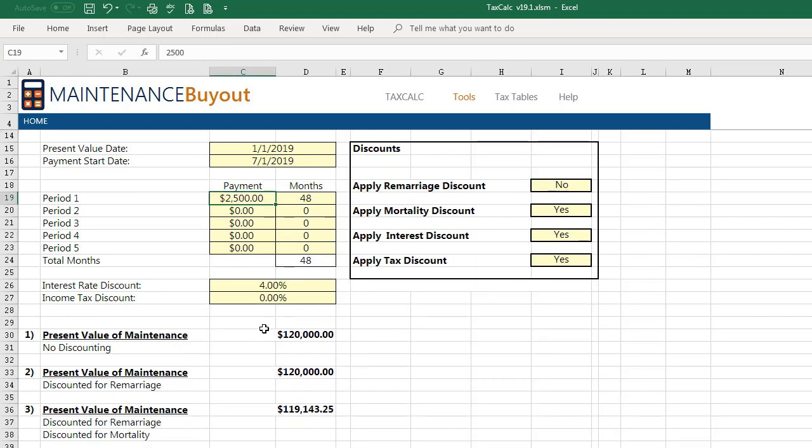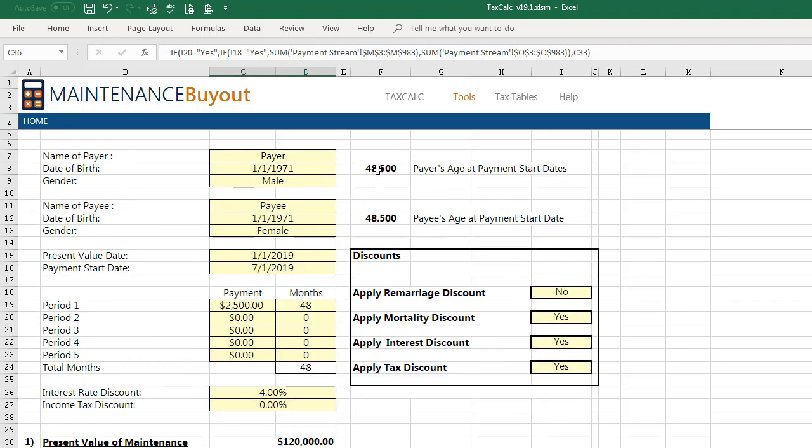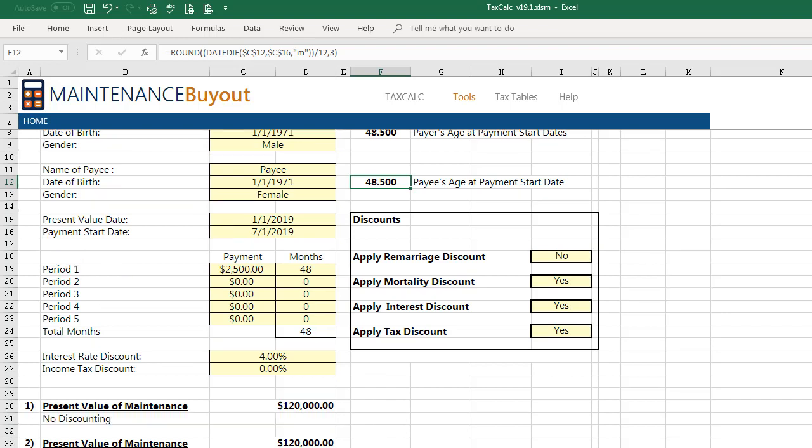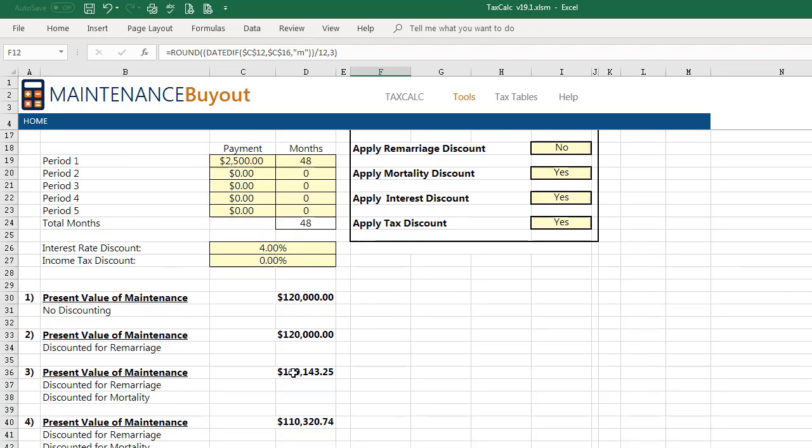So if you just simply added up $2,500 for 48 months, you'd get $120,000. There's a probability of death of either party. You see a very small probability. That's why the discount is quite low. These parties are 48, so this is calculating the probability that someone dies between 48.5 and 52.5. So the probability, again, is pretty low.